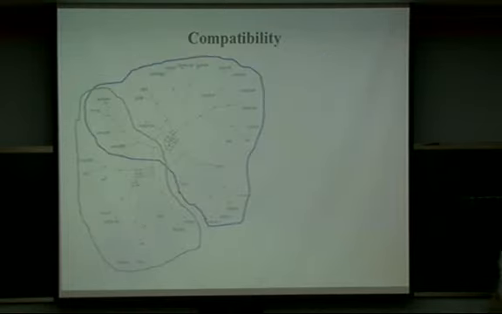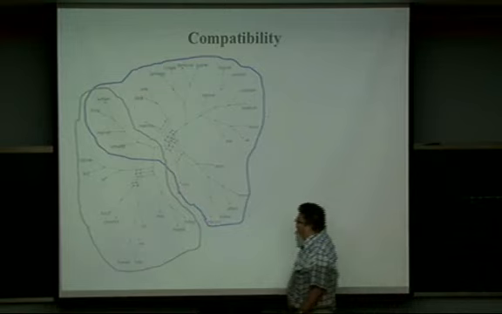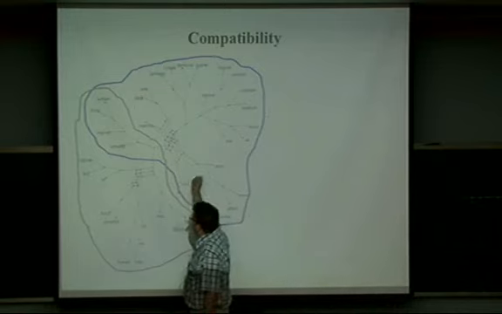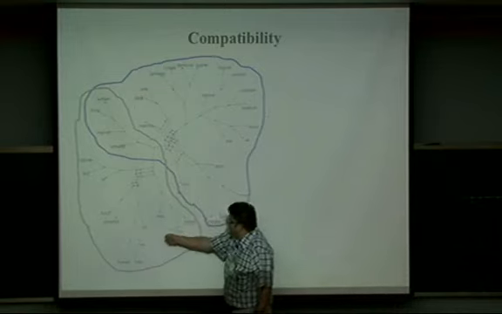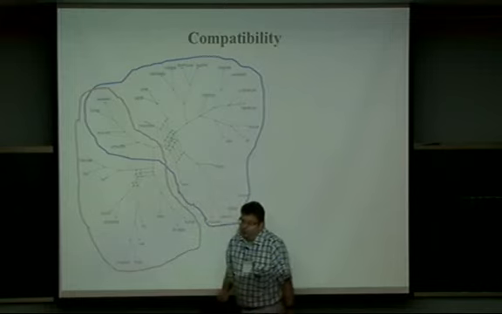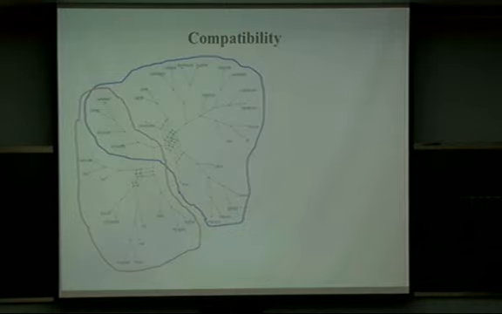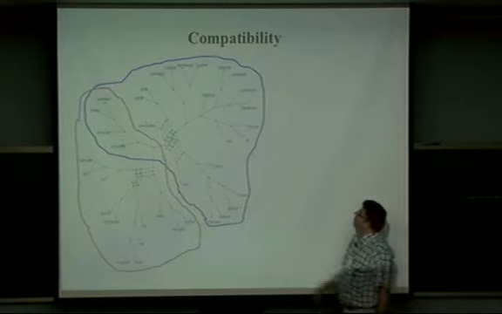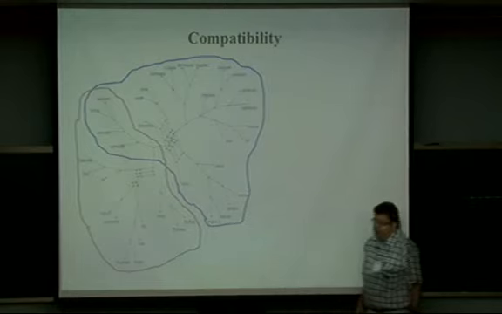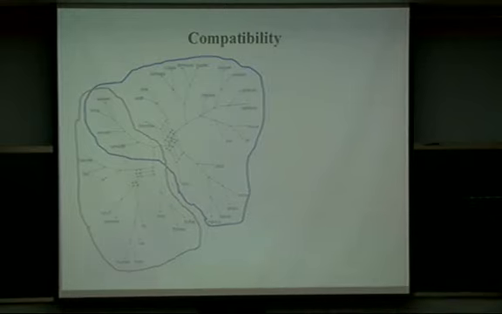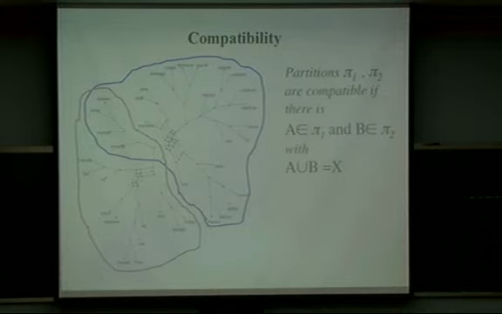And what is important for our case is that there's a red part and a blue part where the union is the whole set. That is very important. That is what we want to capture. That is what is called compatible partitions.